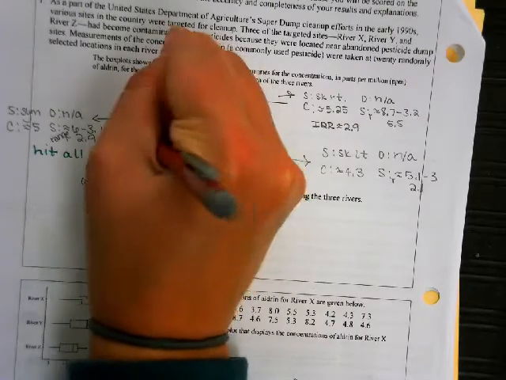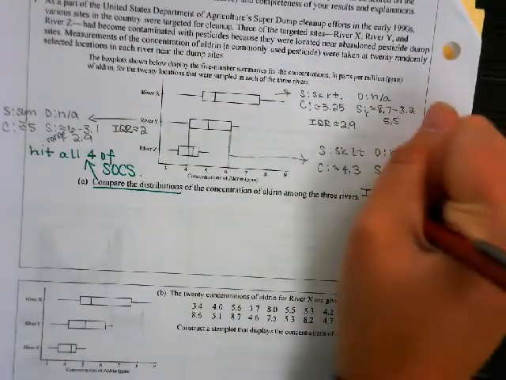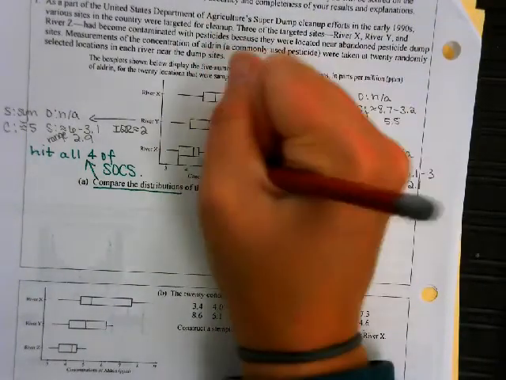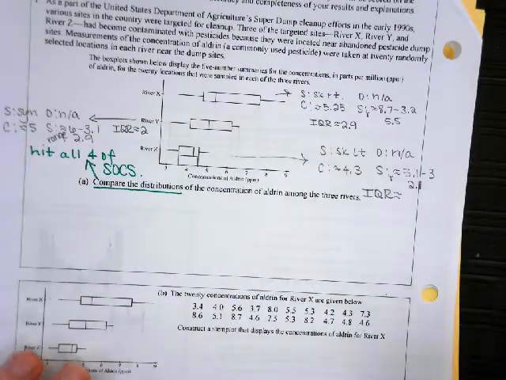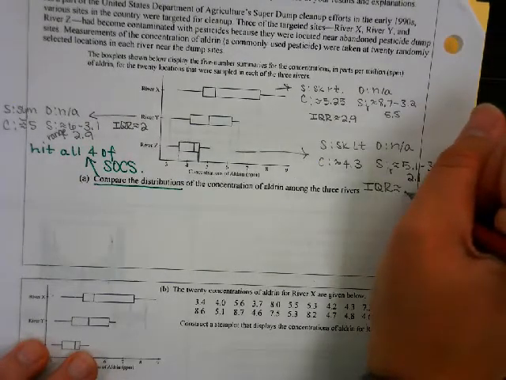And the IQR down here would be like 4.5 minus 3.6, 3.8, I don't know, we're estimating.